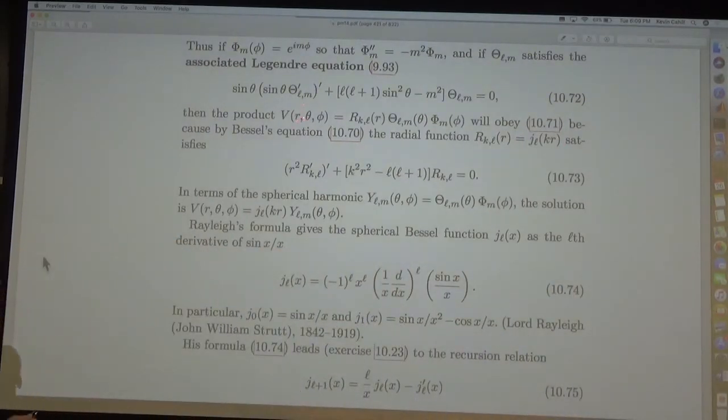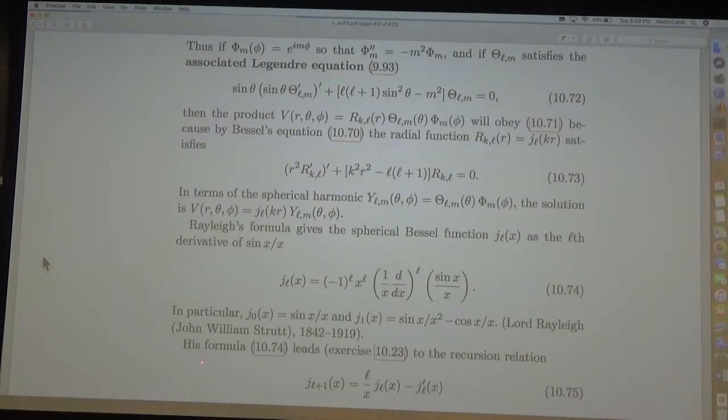R has to satisfy this equation, and if you make this substitution, you can see that you actually have a solution because j L satisfies the spherical Bessel equation.